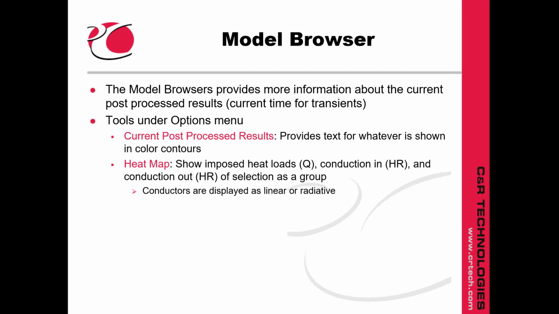Then there is Heat Map, showing post heat loads, Q, conduction in, HR, and conduction out, also HR, of the selection as a group. The conductors are identified as linear or radiative. Then there's Node Map, which is similar to Heat Map, but lists details for each node in the selection.